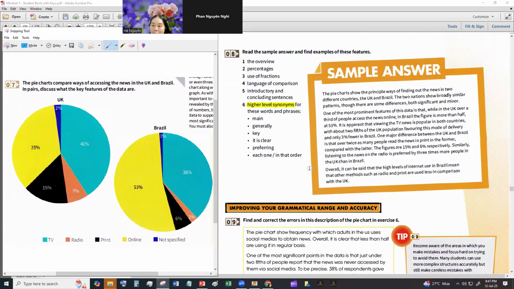Okay, so I'd like you to read the sample answer in exercise 8 by yourself. Find the introduction, overview, conclusion, percentages, fractions, and language of comparison, and really focus on exercise 6, higher level synonyms for these 6 phrases here. Okay, so you have 5 minutes for this.